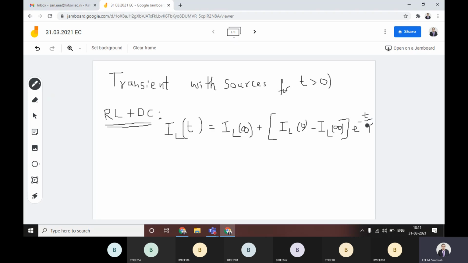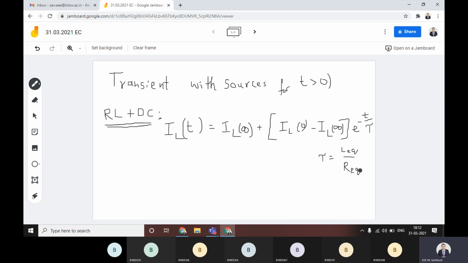This t is the time, but tau value you can calculate. Tau is equal to, in case of RL, L equivalent by R equivalent. L equivalent by R equivalent.